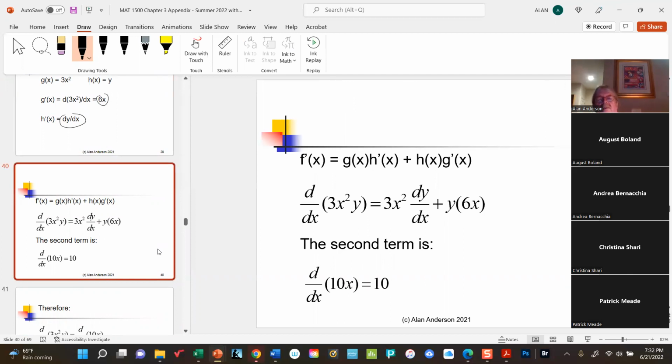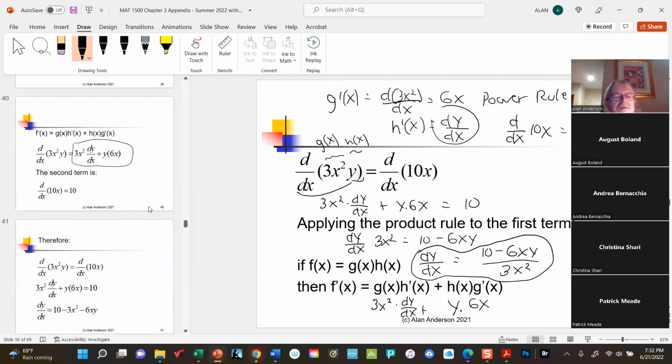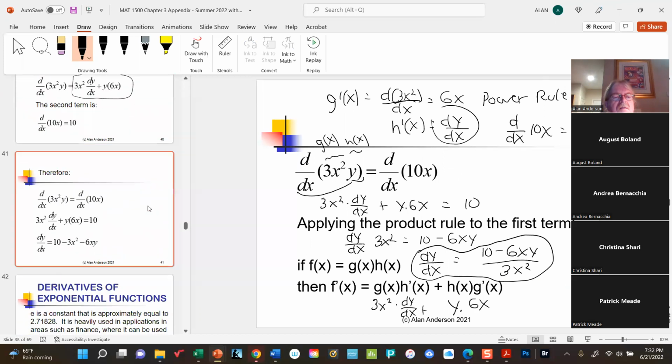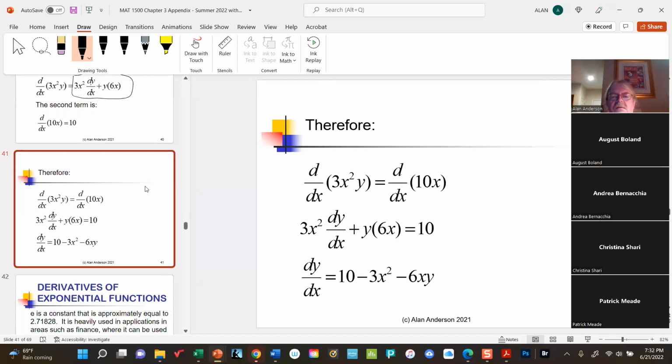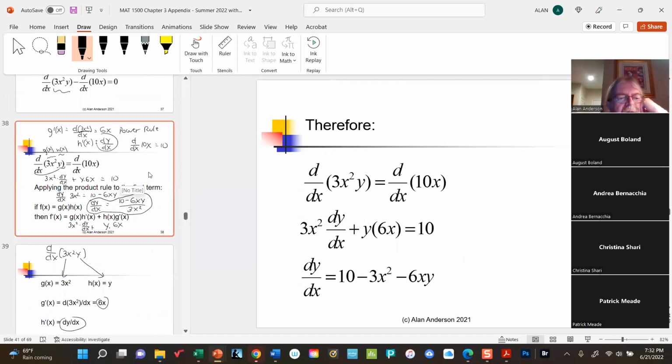We plug everything into the product rule. Yeah, this is what I had: 3x squared dy dx plus y 6x. And also don't forget that that was equal to d dx of 10x. So obviously I did something wrong algebraically up here.